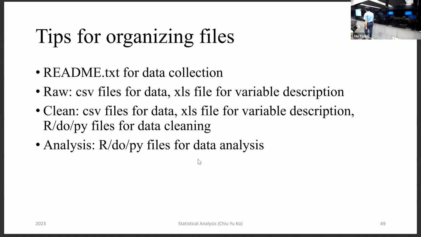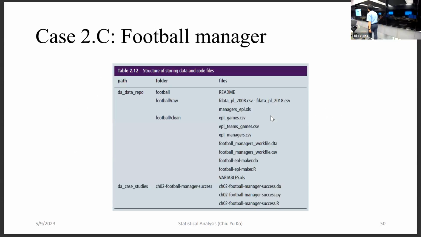Lastly, they tell you how you should organize your files and folders. Okay, and this is the way the textbook orders it. The first one is the README file, and then you have the raw data, CSV and XLS, and then the cleanup do file or R file.